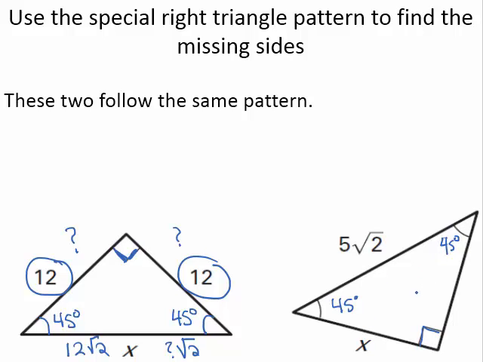So since it's a 45, 45, 90 triangle, we know it's going to follow the pattern: the unknown amount times the square root of 2, and the unknown amount for our two sides. Well, since 5 times the square root of 2 is equal to the unknown amount times the square root of 2, that means our amount must be equal to 5. And that means both of our sides must also be 5.